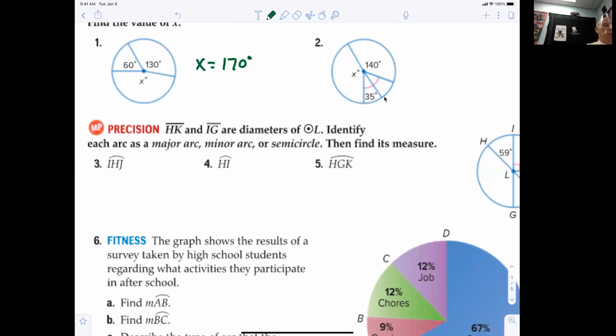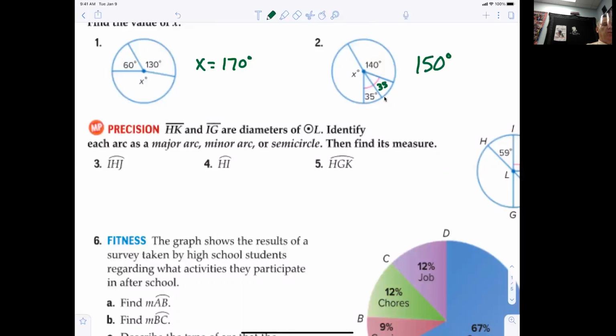The one that says 35 is equal to the other one. Exactly. So this is also 35, right? Okay, so now what? 170 plus 140, and then you minus that from 360. Yes, exactly. And what was that? 150. Anybody have any issues with that?